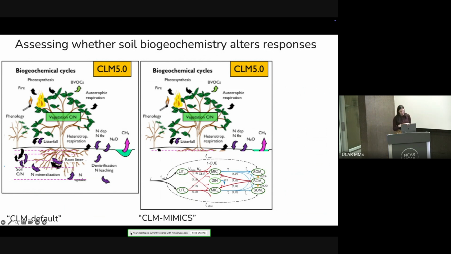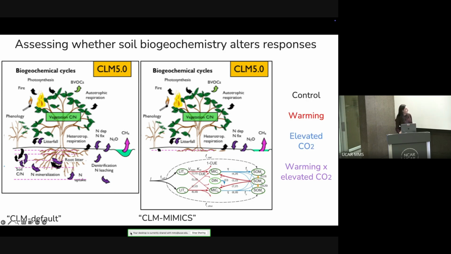And then we also will use CLM with MIMICS, which is a soil model that Will and others developed that represents more novel understanding of soil organic matter, and so might have different responses under interactive global change. I should say that I'm pretty early on this project, so I'll only be showing you CLM default results today, and I'm very happy to hear feedback and comments about this work.